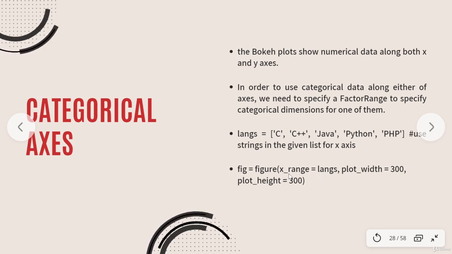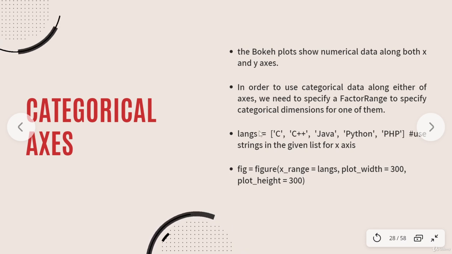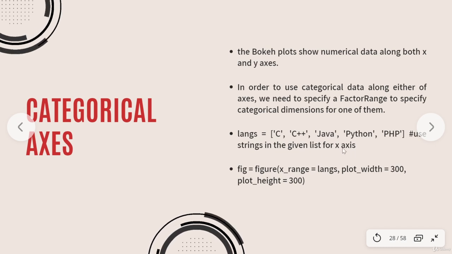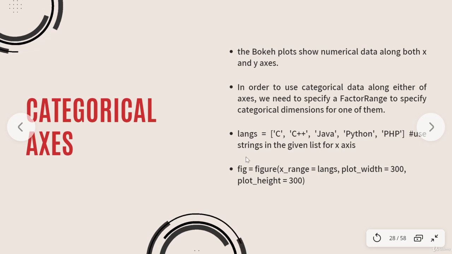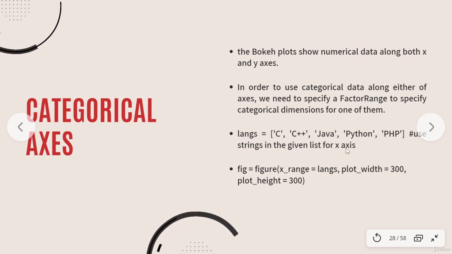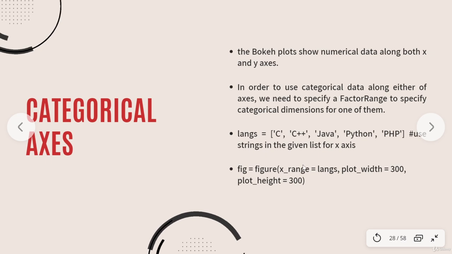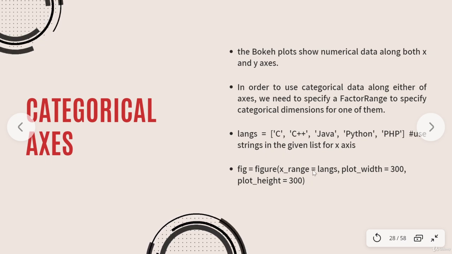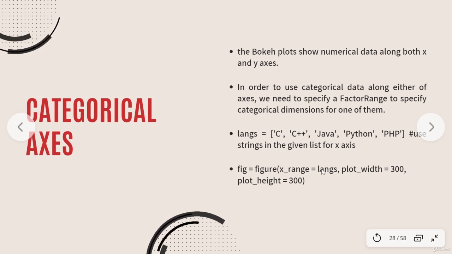Now I have used x_range because I assume that this data would be used for the x-axis, as a string. Since it is used for the x-axis, I have given x_range equal to length, telling the function that I am assigning a categorical variable. That is how you need to proceed if you want to go for a categorical axis.